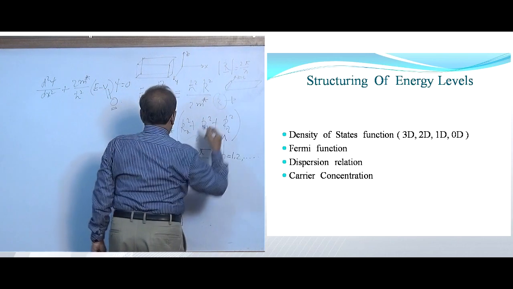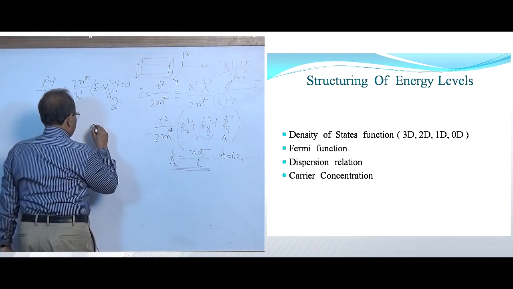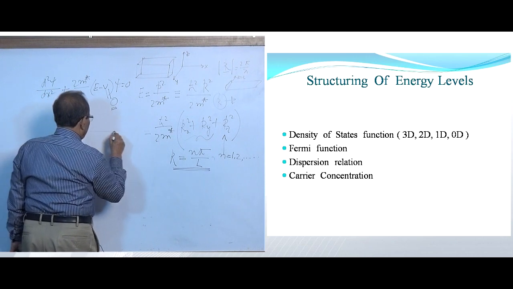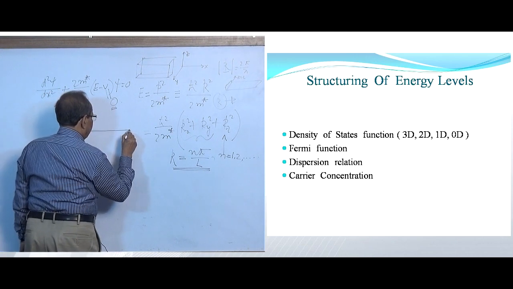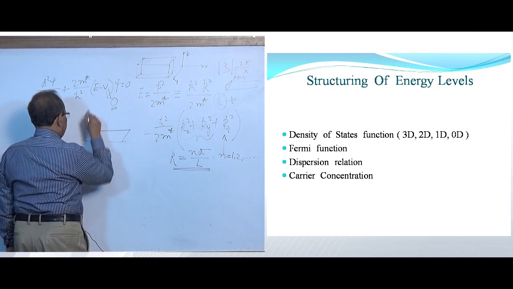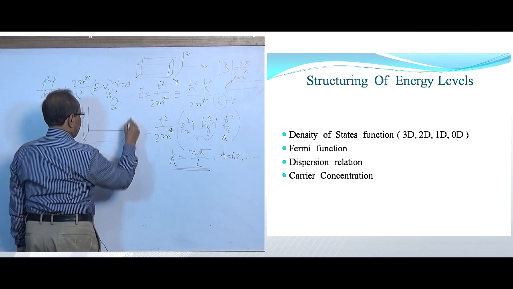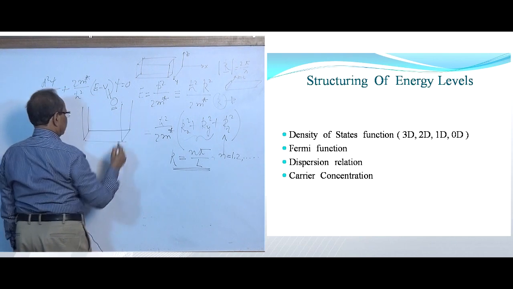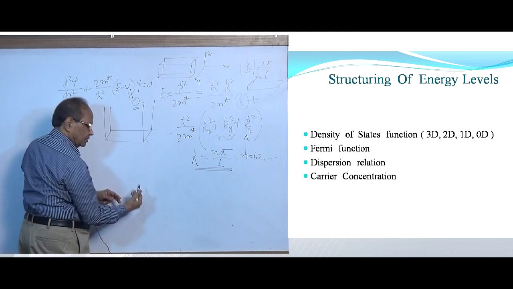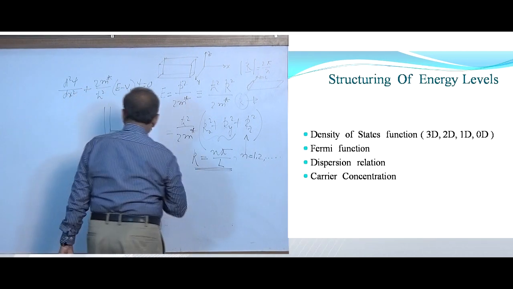So it makes a well. Suppose it can move only in this x and y, but there is a potential barrier like this. It cannot go to this side, but it can move here, you see.